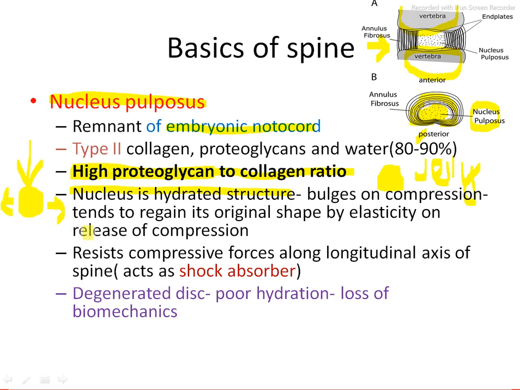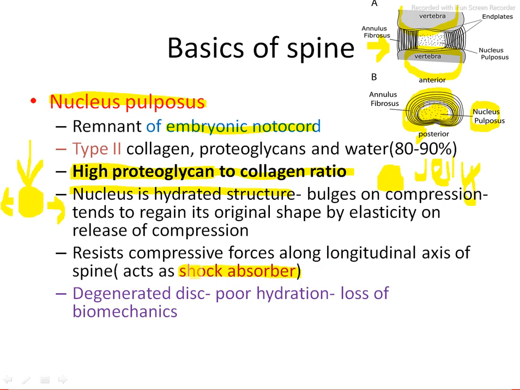This benefit is seen because of the hydrated nature of the nucleus pulposus. And when the horizontal force is transmitted, the annulus fibrosus cancels out the horizontal force, and together they act as a shock absorber. So this is the importance of the hydration state of the nucleus pulposus.